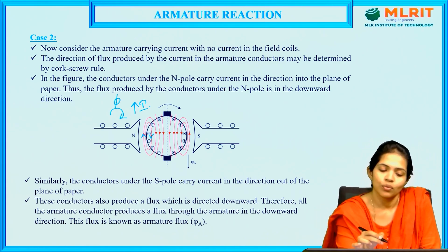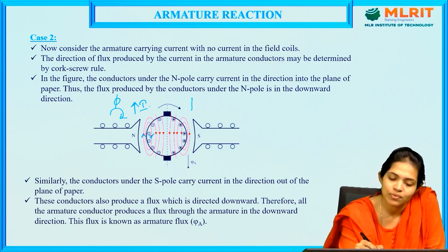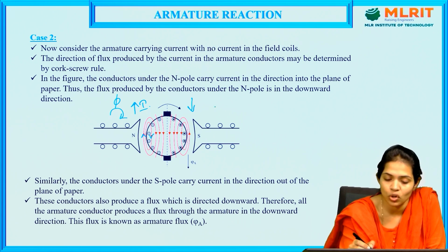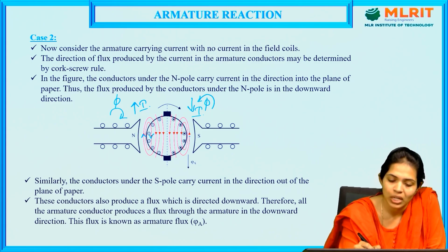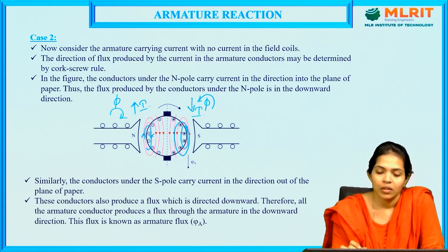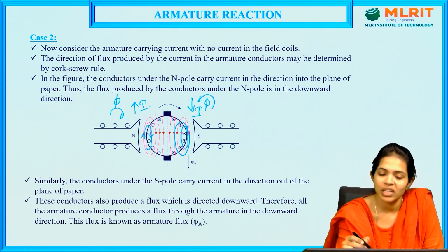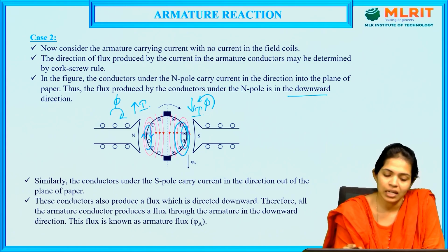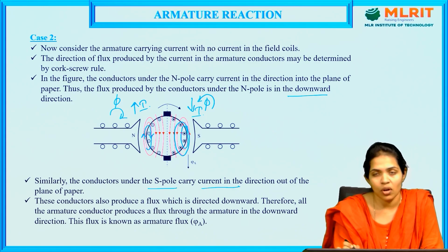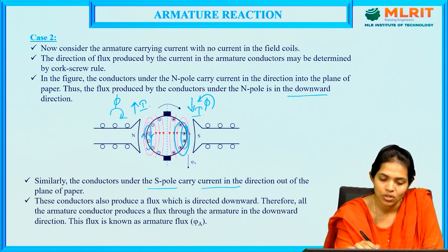Quite vice versa, when the current is flowing outwards under the influence of the south pole, the direction of magnetic flux is anti-clockwise, which you can see here. The flux produced by the conductors under the north pole is in the downwards direction, and similarly under the south pole the current is flowing outwards of the plane, represented by a dot.